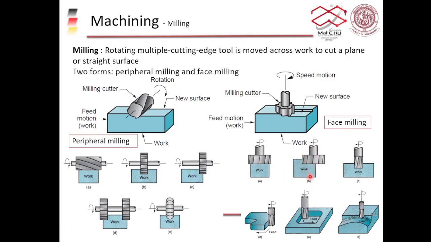Partial face milling because you are milling just part of the face. End milling or profile milling, pocket milling, and surface contouring. Right, so you can do a lot of things with milling, right? But these groups of milling techniques are divided into peripheral milling and face milling.